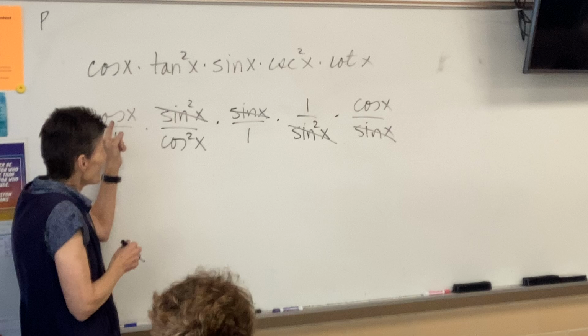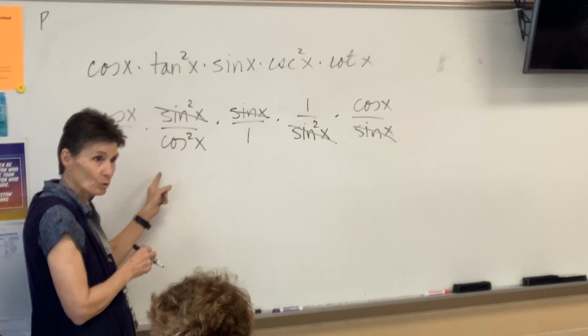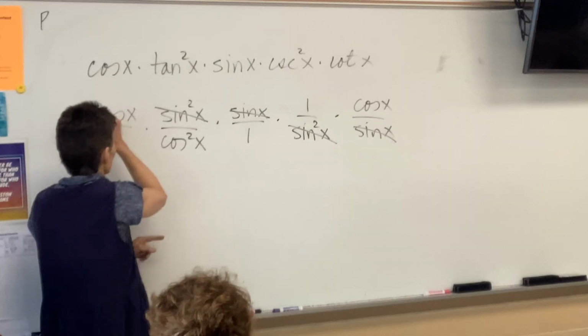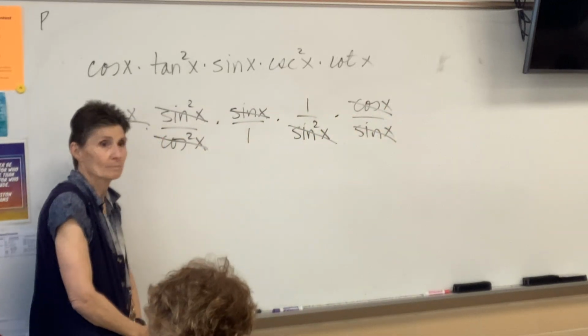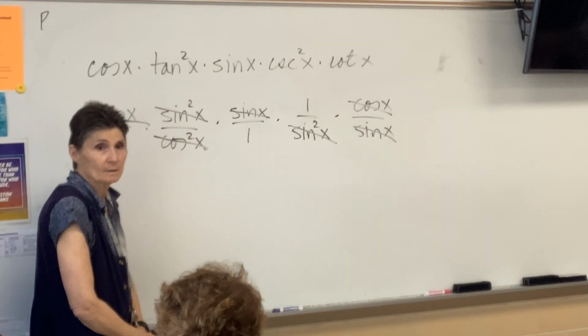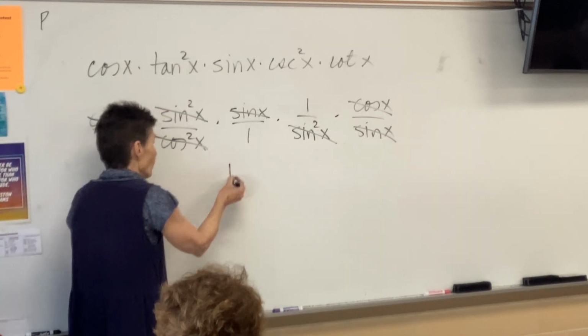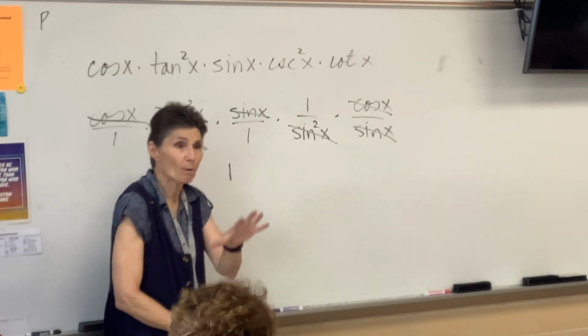Now, don't I have two cosines on the top and two on the bottom? So boom, boom, boom. And what's left? One. So that whole mess boiled down to just one. You can do a problem like this.